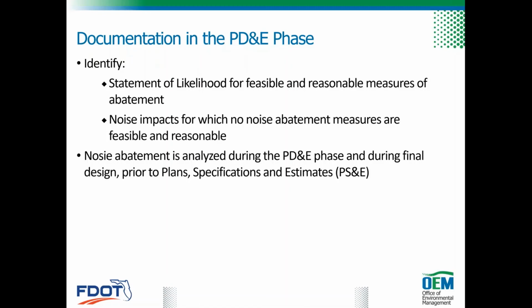Documentation in the PD&E phase must identify the statement of likelihood for feasible and reasonable measures of abatement. The noise impacts for which no noise abatement measures are feasible and reasonable are also identified in the document. The noise abatement is analyzed during the PD&E phase and during final design prior to plans, specifications, and estimates.